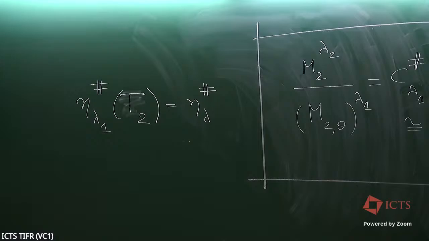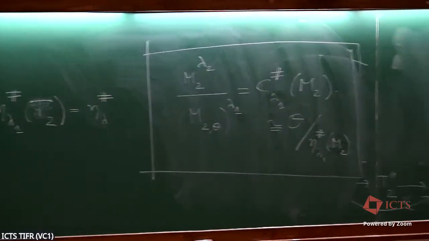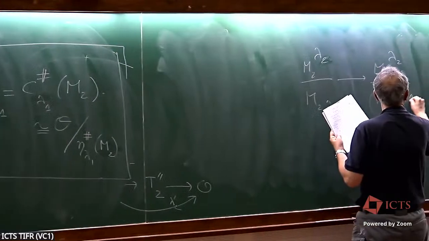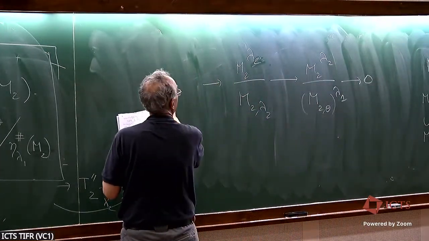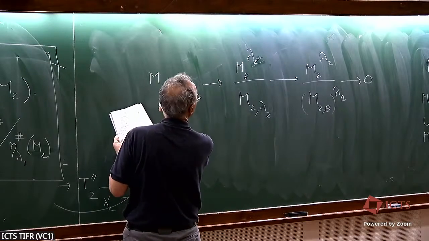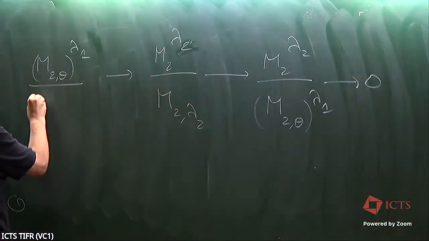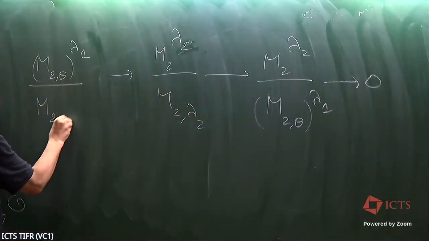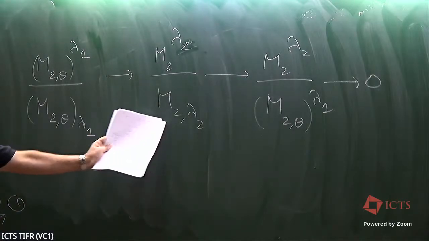So the exact sequence is the following. M2 lambda 2 divided by M2 lambda 2 goes to M2 lambda 2 divided by M2 theta lambda 1, and the kernel is something obvious, which is probably M2 theta lambda 1 divided by something which I write M2 theta lambda 1.